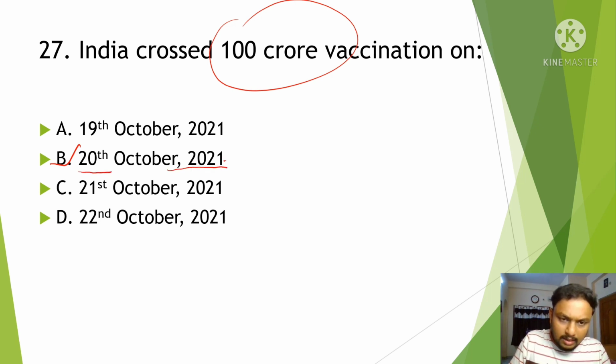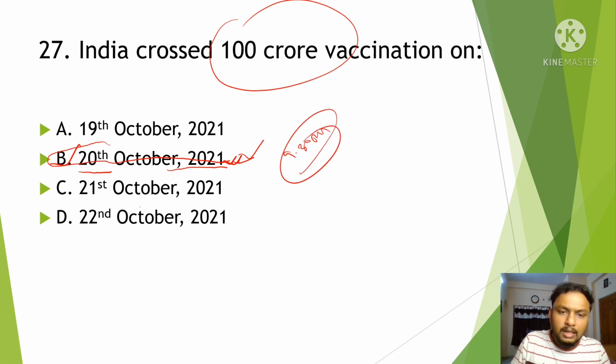Most of the newspapers and TVs published it on 21st October, but WHO tweeted on 20th October 2021 at 9:30 p.m. So officially or technically the answer is 20th October 2021.